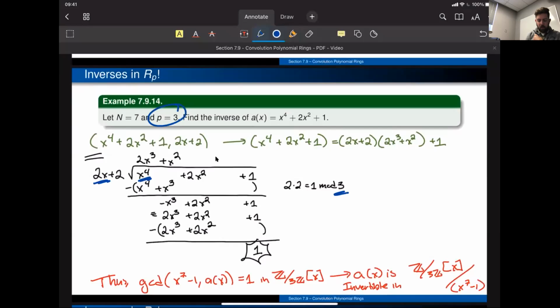So when you have this 2x and you're going to multiply it by something to get you x to the fourth, you're going to add in another 2, and then you're going to add in the x cubed. So realize that sometimes there'll be that kind of weird process, where you actually have to have the inverse of 2 modulo 3, which happens to be a 2 in this scenario, to then get you that little 1.